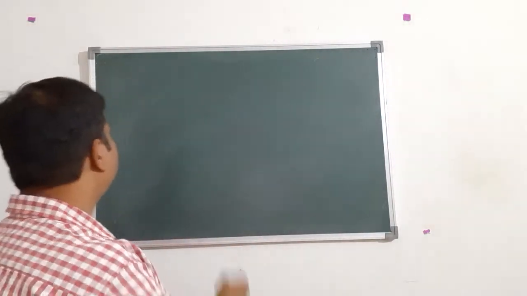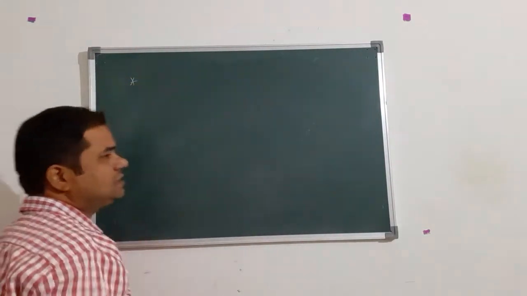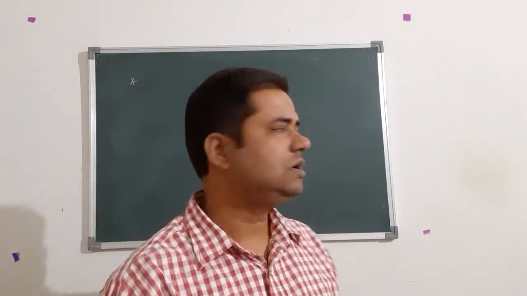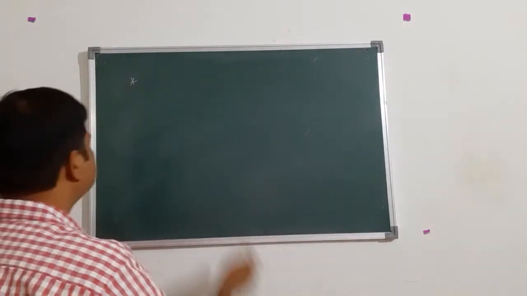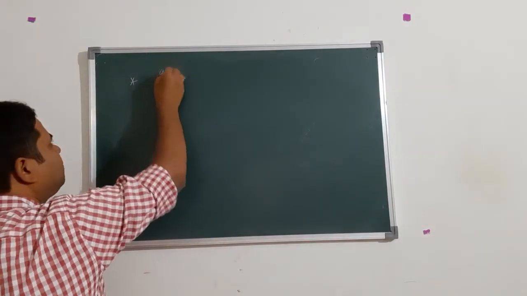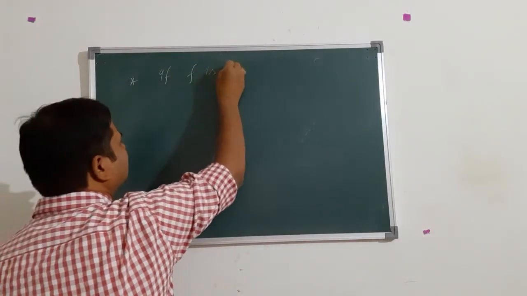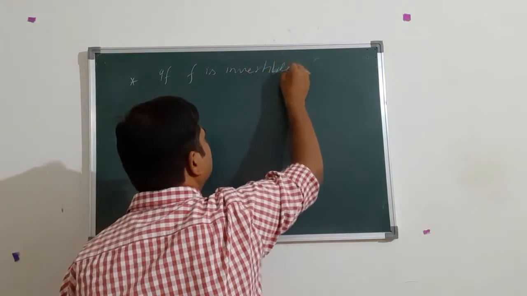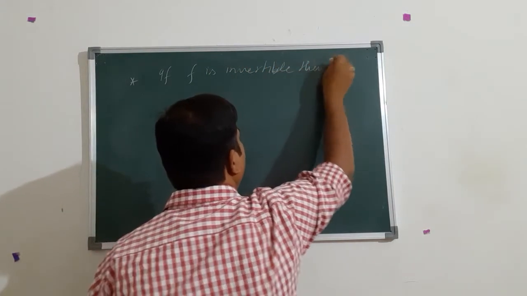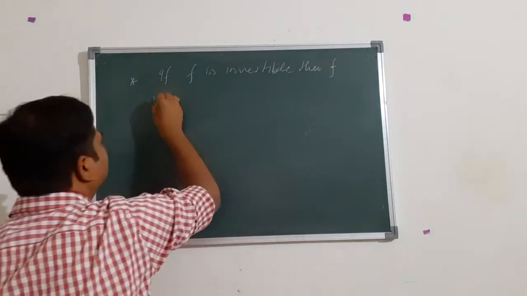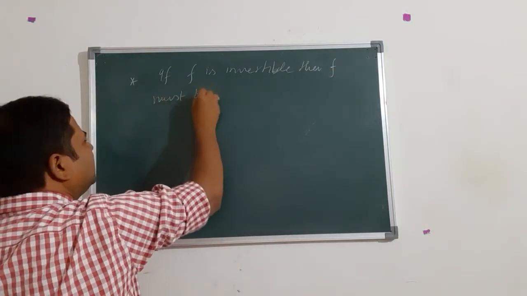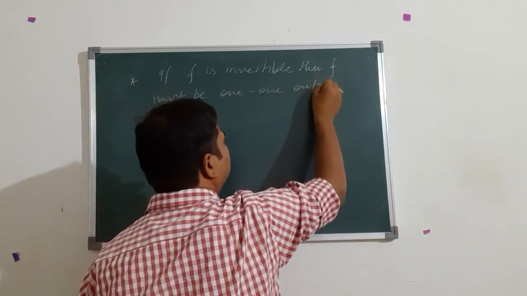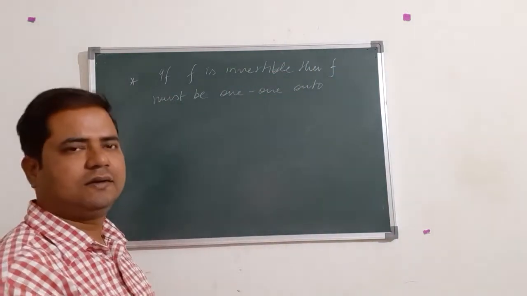How to prove the given function is an invertible function. Okay? This is a very important question. How to prove the given function is an invertible function? If f is invertible, then f must be one-one onto. This is the first method. Okay?